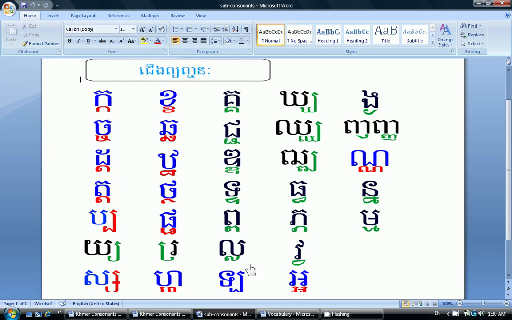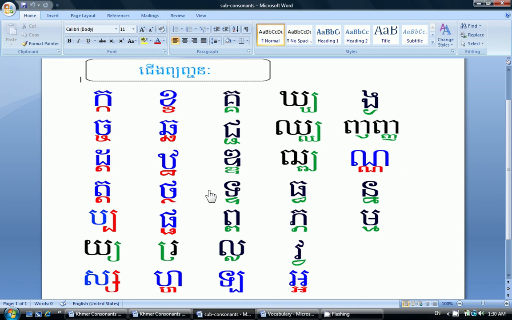So we have law, from the first series consonants, which does not have a subconsonant. But nyo from the second series consonants has two subconsonants.